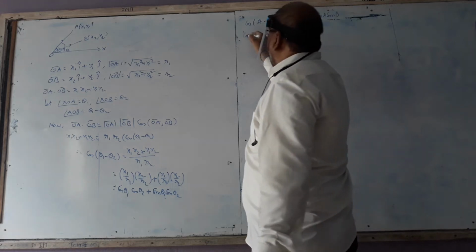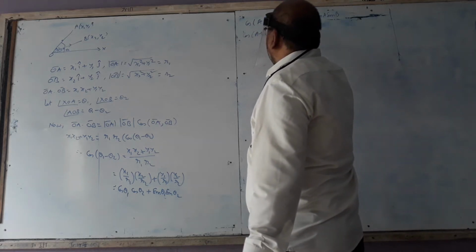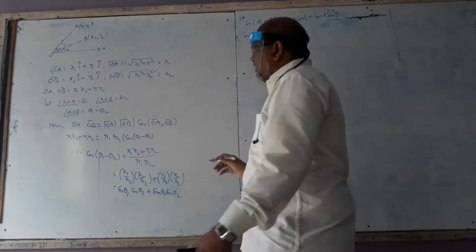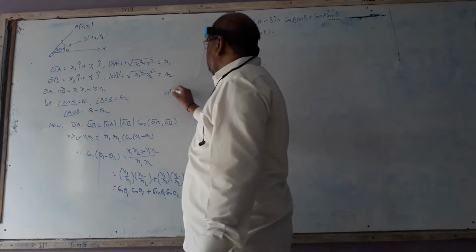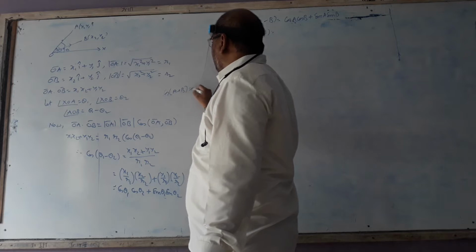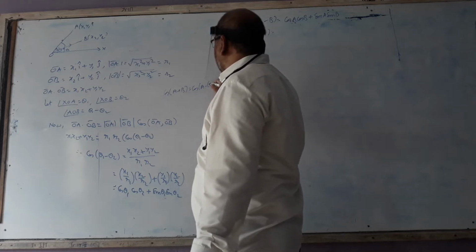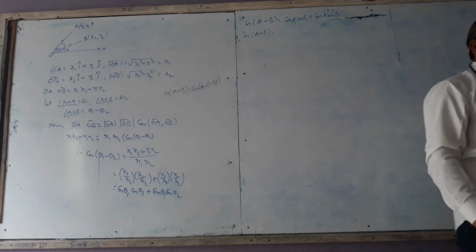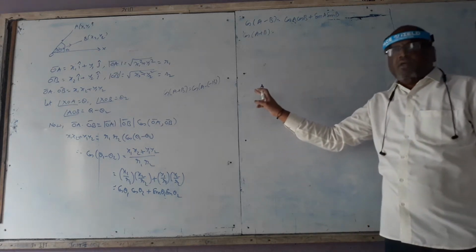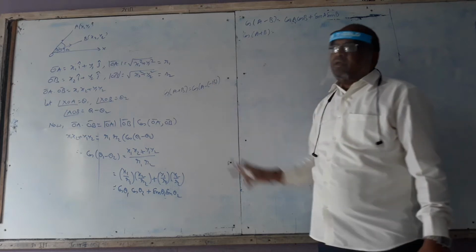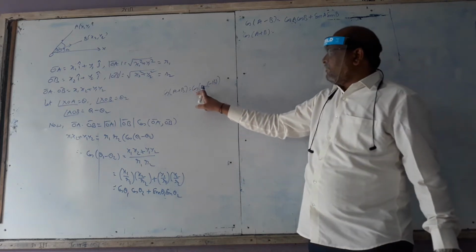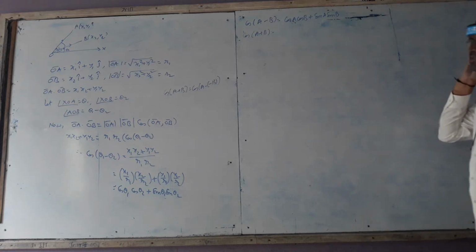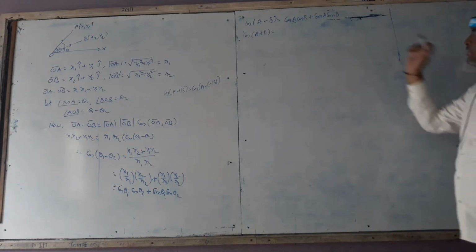Similarly, I will define cos of A plus B. I have only the cos A minus B formula, so in the expansion of cos A minus B, in place of B I put minus B. So what do you get?